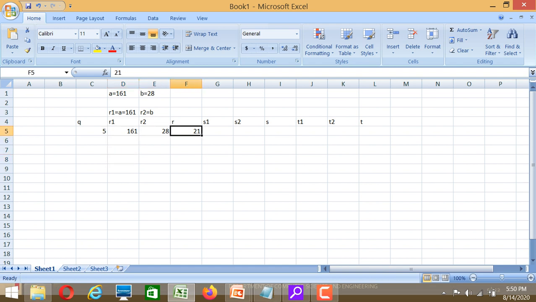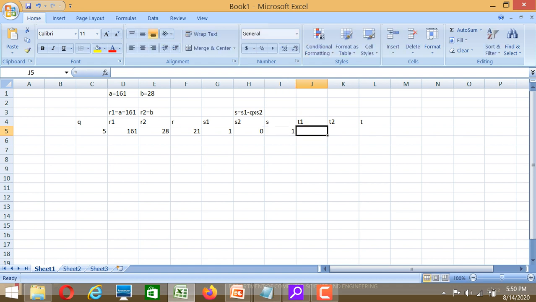Now the initial value of S1 is 1, the initial value of S2 is 0. The formula for S is S equal to S1 minus Q into S2. That's why S equal to S1, that means 1, minus Q into S2, 0, that is 1.